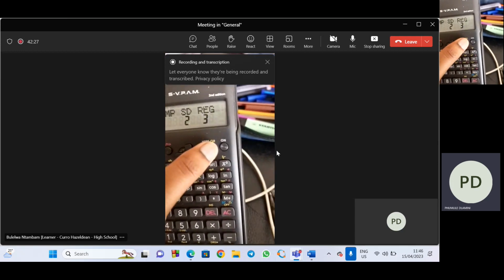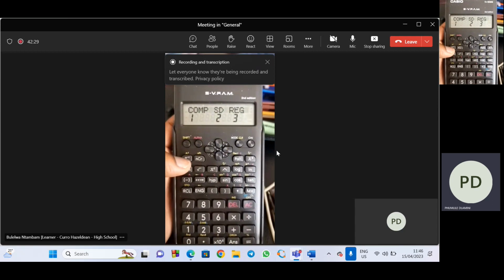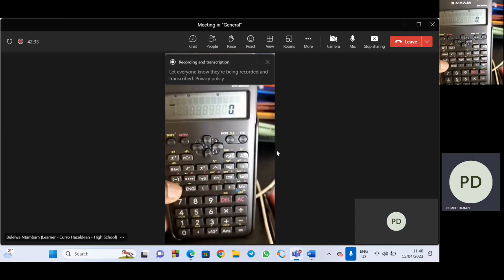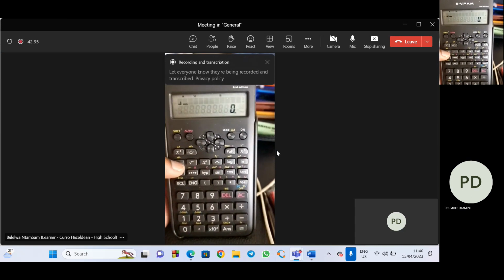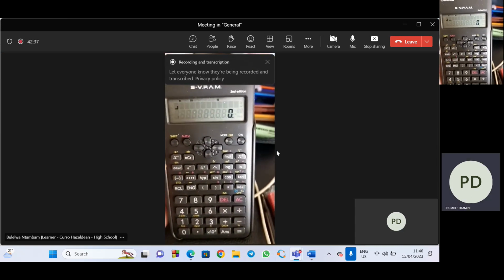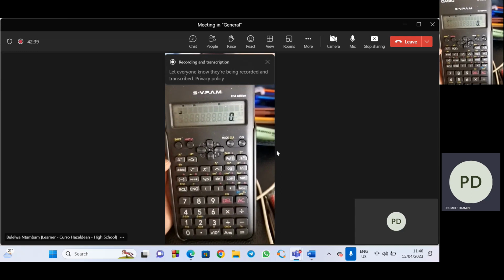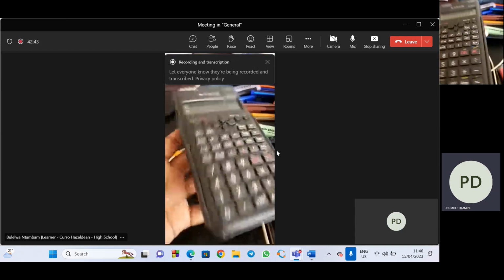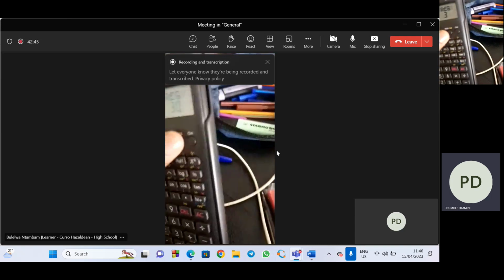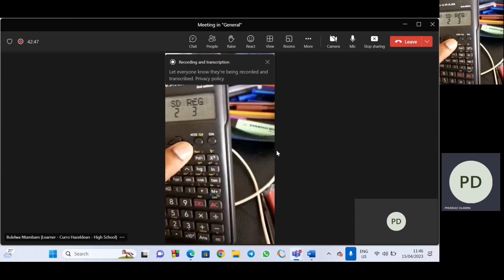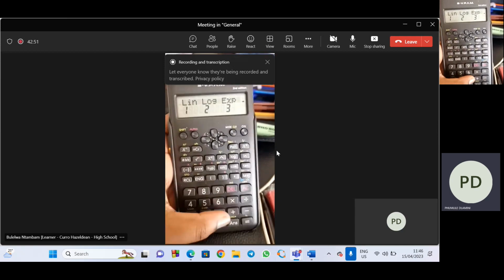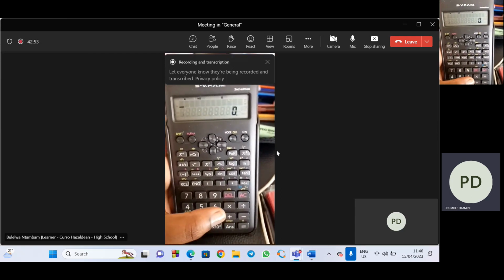Press mode, standard, number 2. Then press that one again. Okay, cancel again. Just press number 3, the same process. I want it to show you in terms of the blocks.